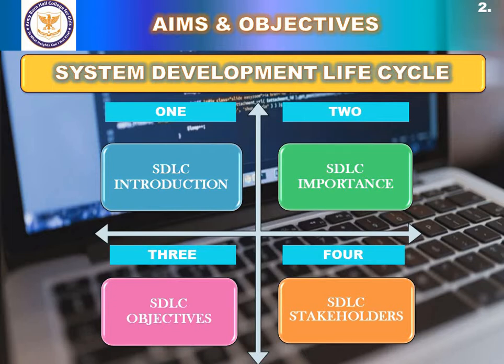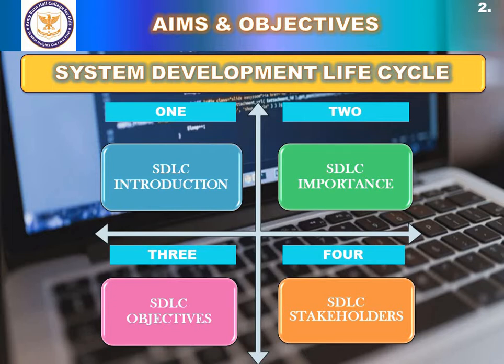Secondly, we need to know the importance of a system development life cycle. Why do we use a specific life cycle in order to develop a system, a software? What is the importance of those phases or steps?